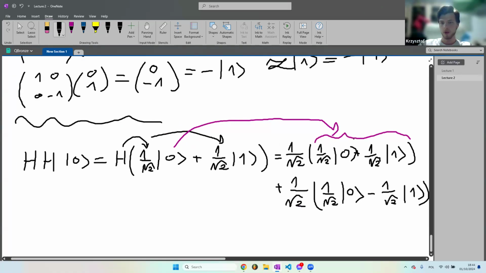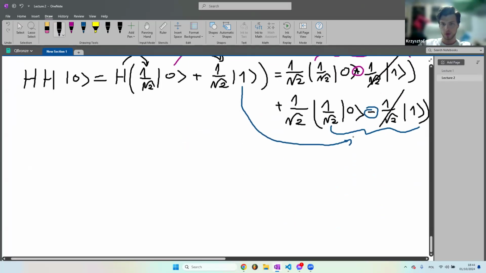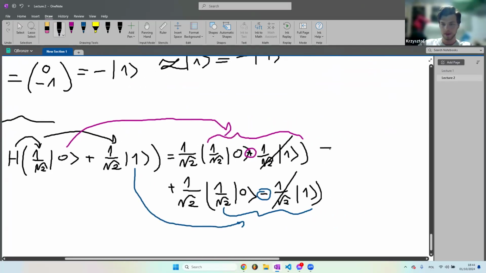Now, when you add both of them together, you see that we have a minus sign here, and there we had plus. So those terms will cancel each other out after the summation. What we're left with is state 0.